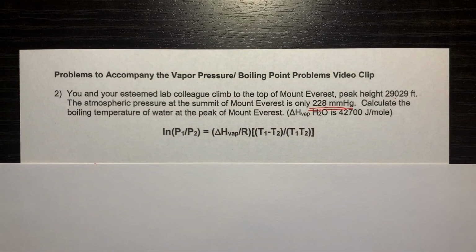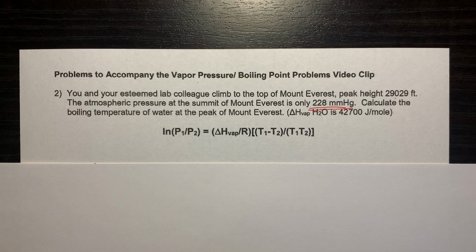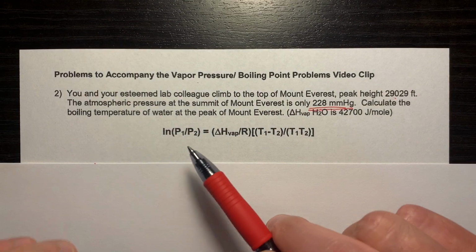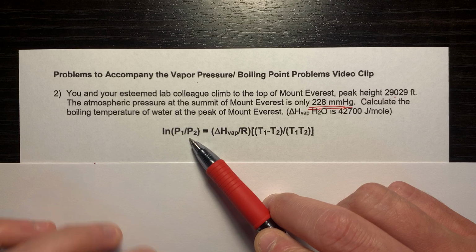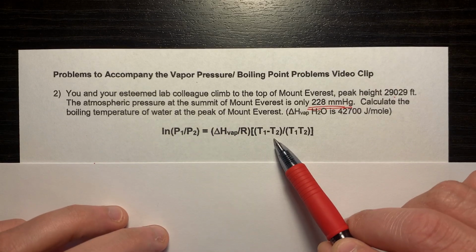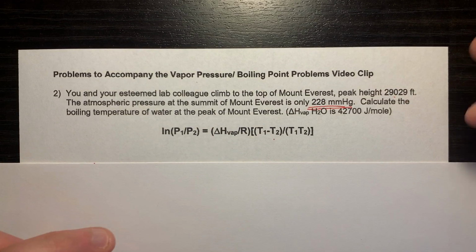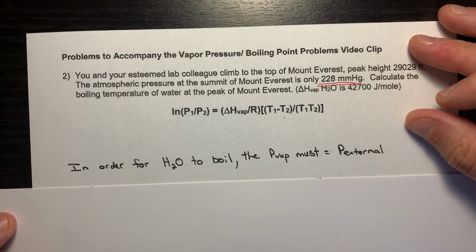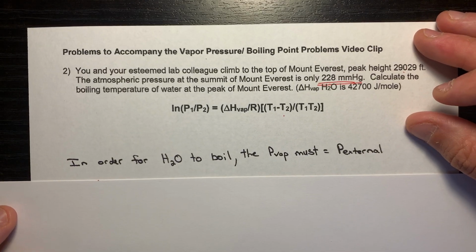Before we get there, what we're shown here is the Clausius-Clapeyron equation, which basically allows us to calculate either the pressure or the temperature of a gas using two sets of data, right? So there's a P1 and its associated T1, the pressure at a temperature, and what the vapor pressure would be for a substance, say the second vapor pressure, at a second temperature, okay? So we have to remember what it means to boil, right?